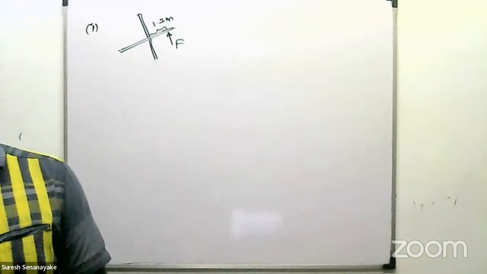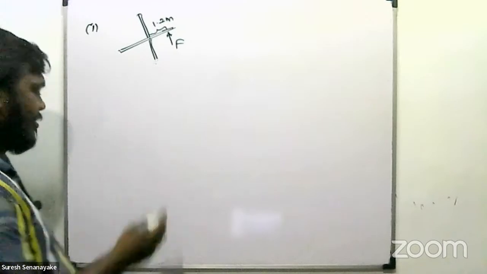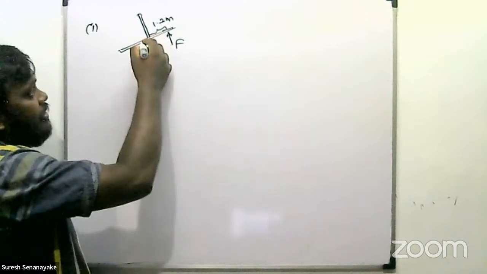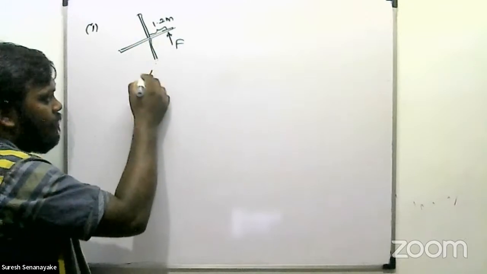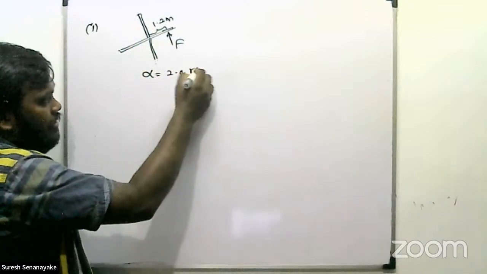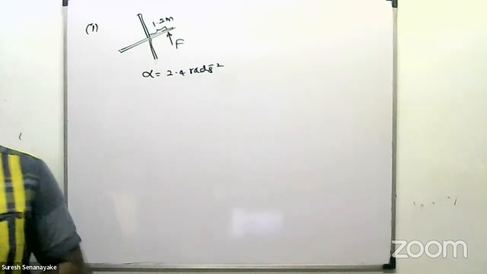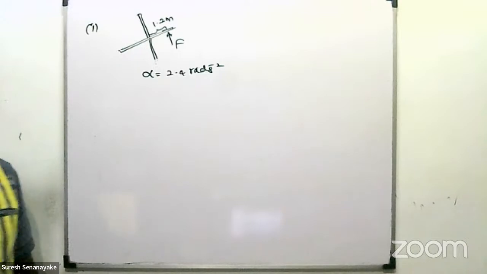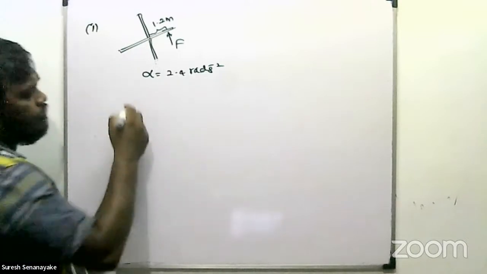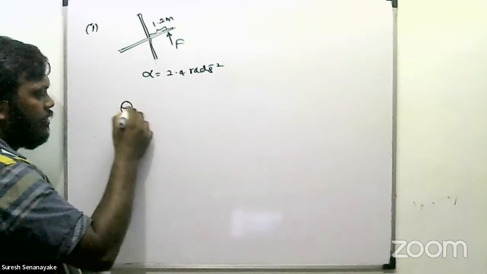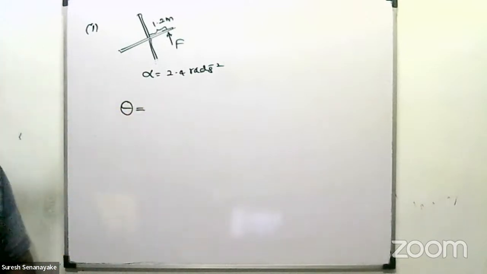Let's see then how we find this angular displacement, right? Here alpha we know that, right? Alpha is 2.4 radians per second squared. In the theta you can write this initial angular velocity.